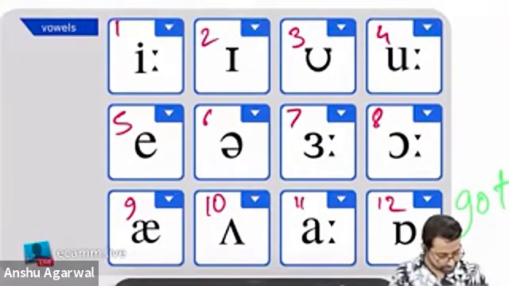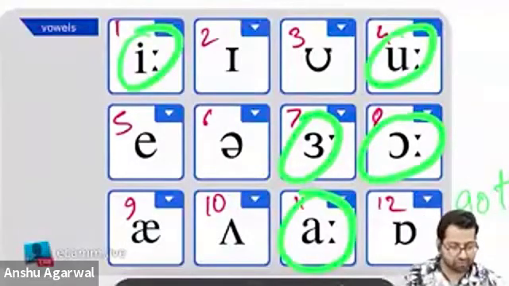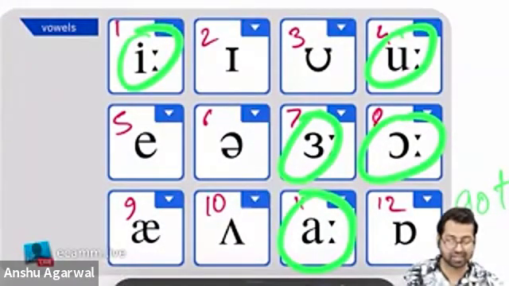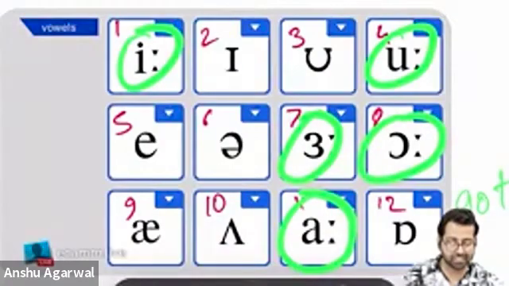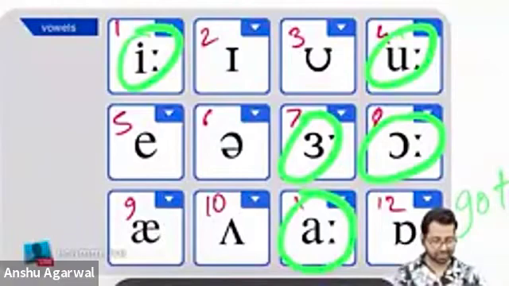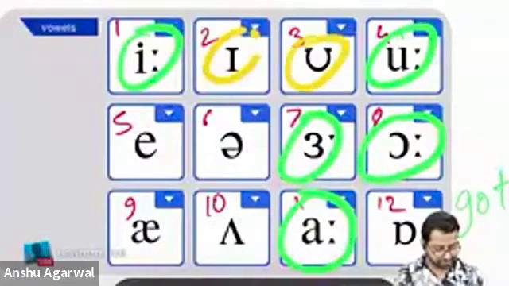Oh, actually, there's 1, 4, 7, 8, and 11. Many of you 1, 4, 7, 8, 11. Paris gave the right answer. Jyoti has given the right answer. Ansh, you have also given the right answer. 1, 4, 8, partially correct. Good. Many of you have given the right answer. Well done. Now, all the others which are left, all of them are short ones.